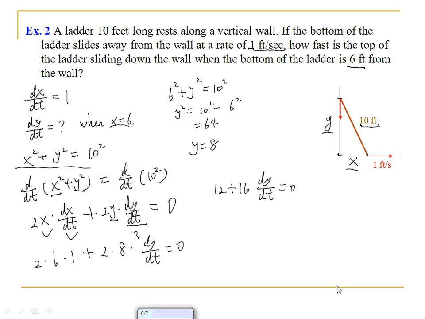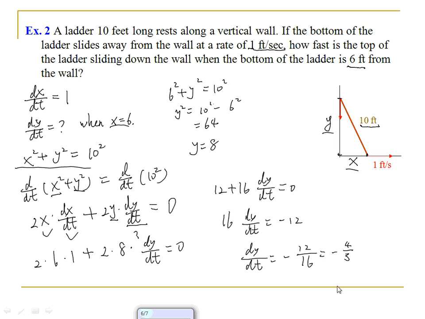Then it's very easy to solve dy over dt. You just subtract 12 from both sides. You get 16 dy over dt is equal to negative 12. So dy over dt is negative 12 over 16.